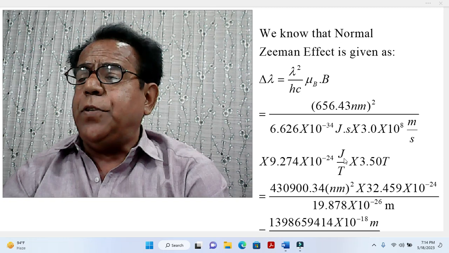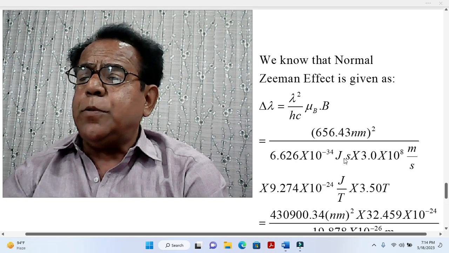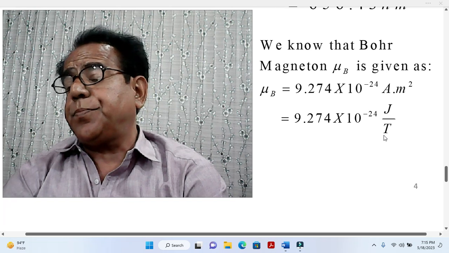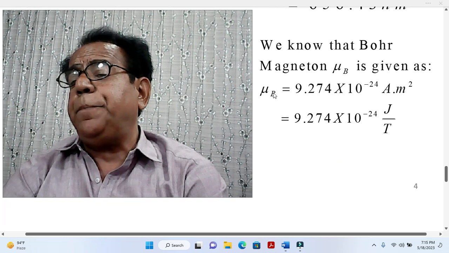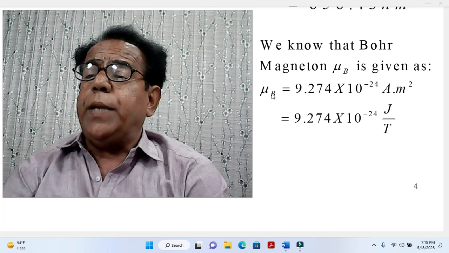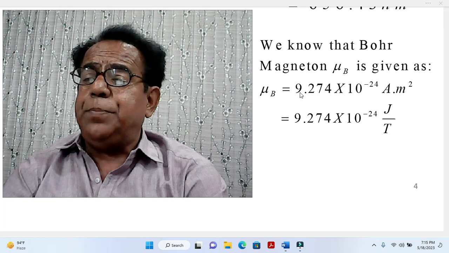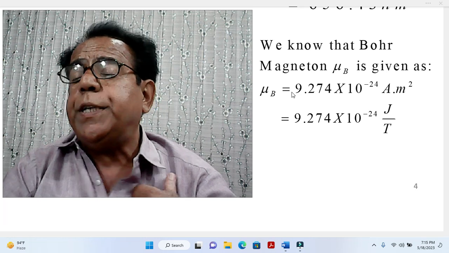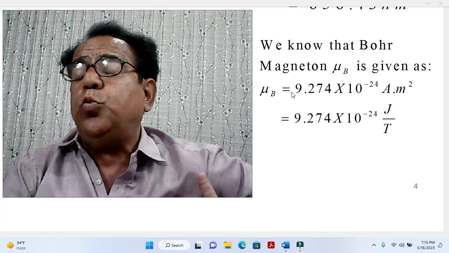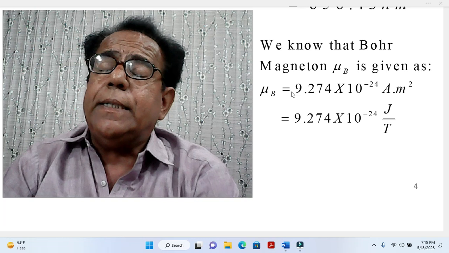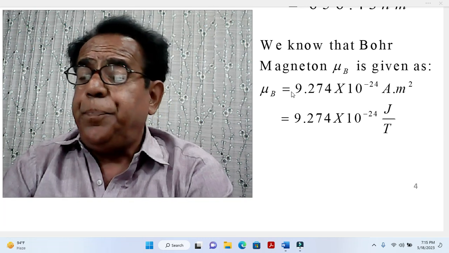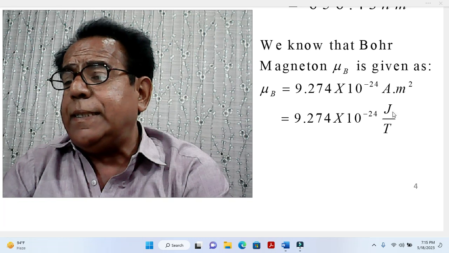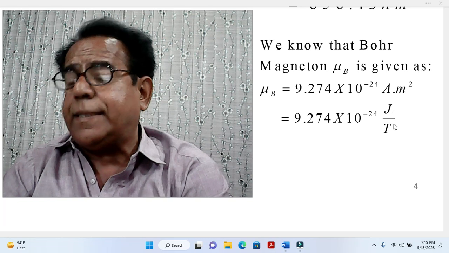We revert to our previous step. Dear students, Bohr Magneton has been expressed in two equivalent forms. One is in terms of ampere meter square and the other is in terms of joule per Tesla.